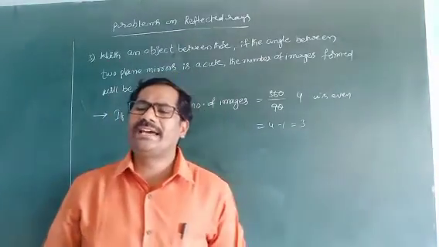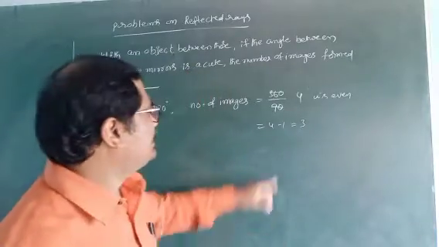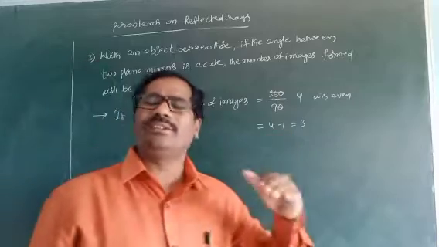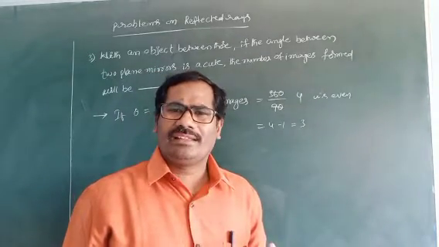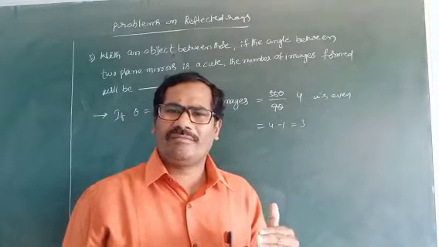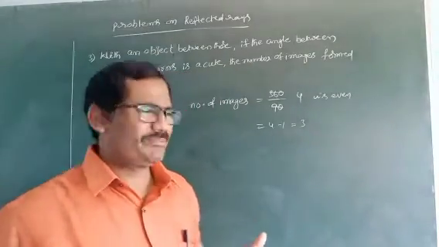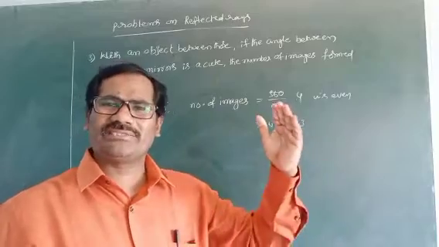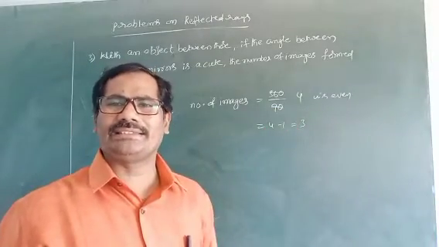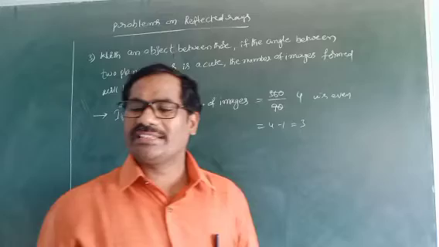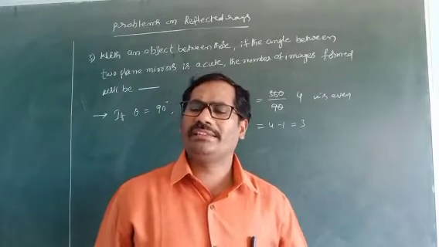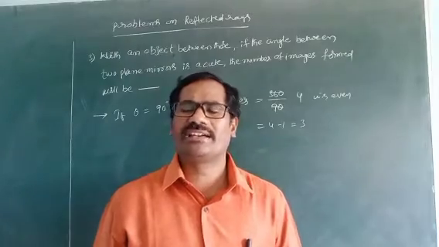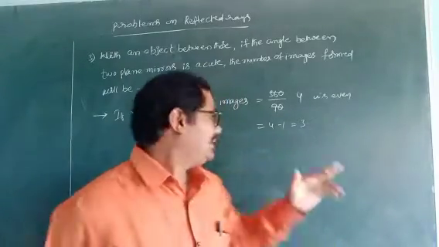Now increase the angle, that means theta increases. When theta increases, in 360 by theta the number of images decreases. So when the angle is obtuse, the number of images is less than 3.